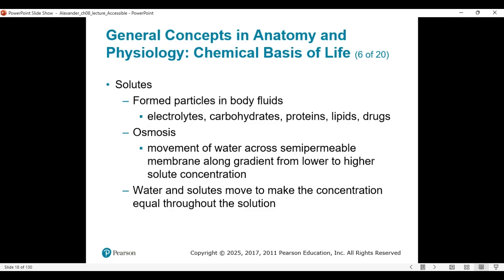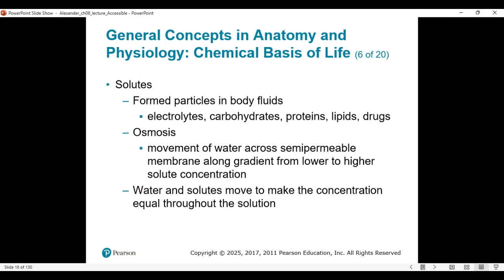A solution is particles in a body fluid. So a solution is a particle in fluid, like electrolytes, carbohydrates, your proteins, your lipids, your drugs. So how does water move across the semi-permeable membrane of a cell? It's called osmosis, and it goes from a lower to a higher solute concentration.